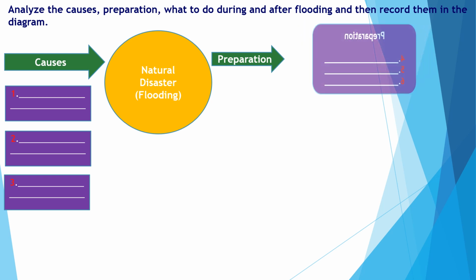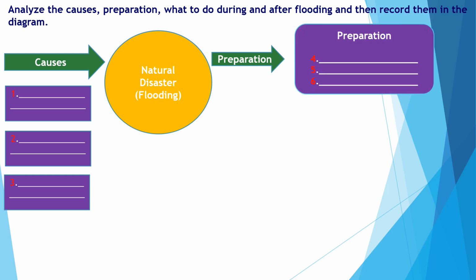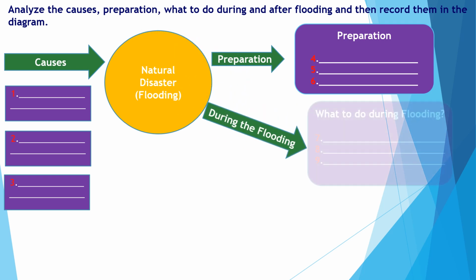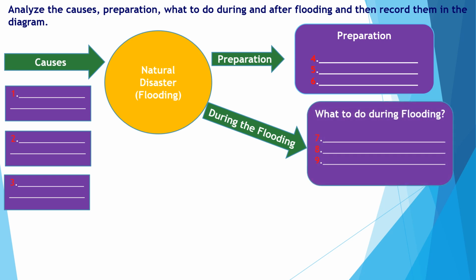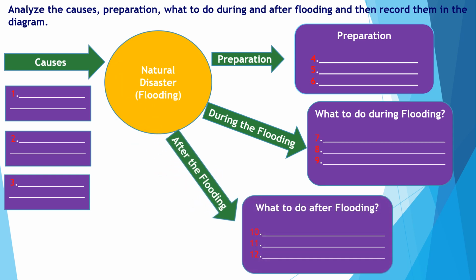Preparation: you need to write 3 preparations. What are you going to do if there's a flood? During the flooding, you need to write 3 things that you need to do. And then, you need to write 3 things you're going to do after flooding.